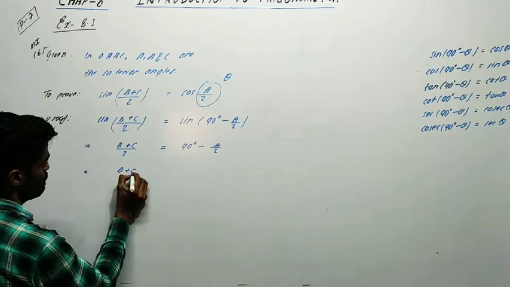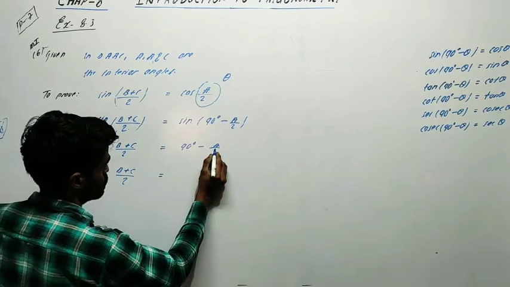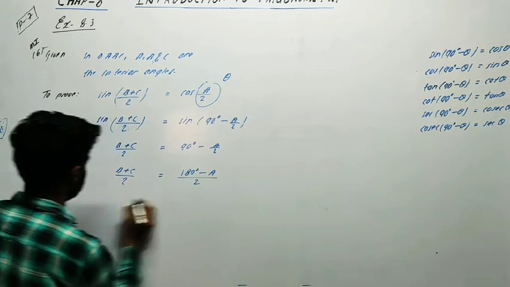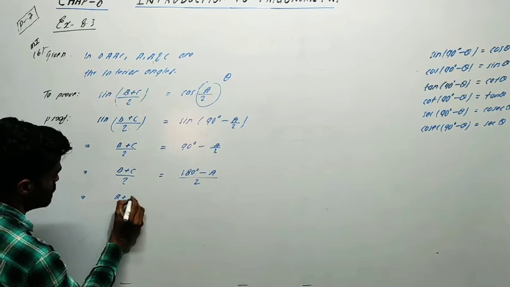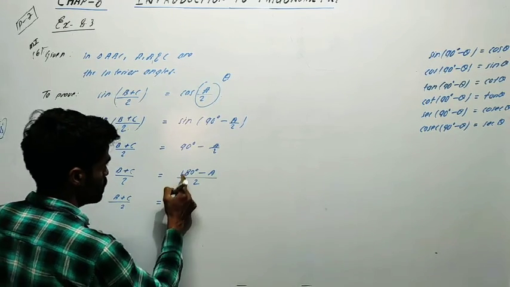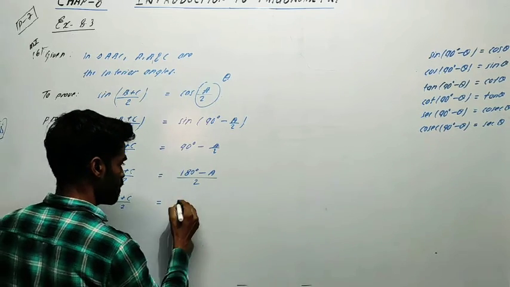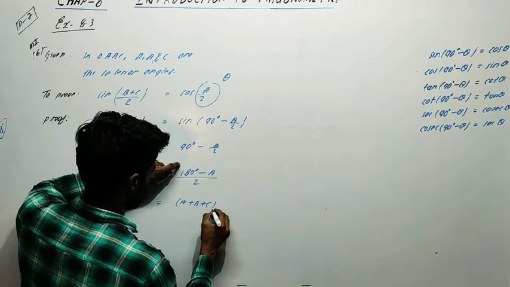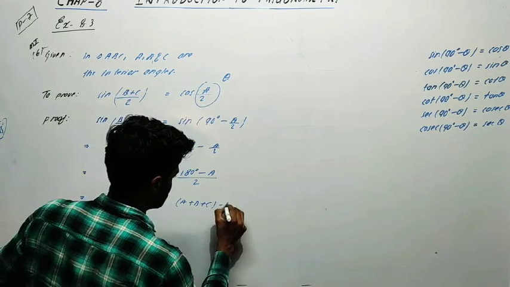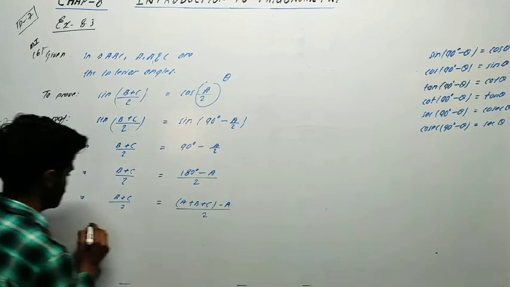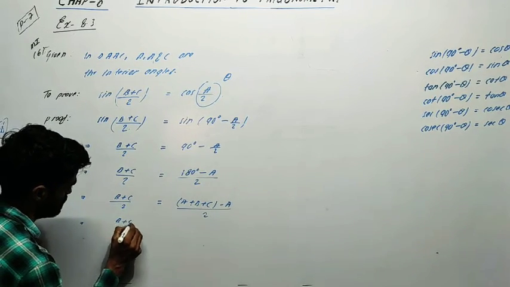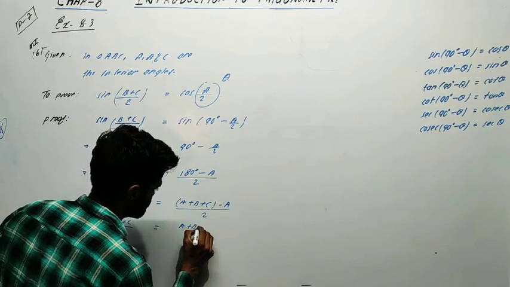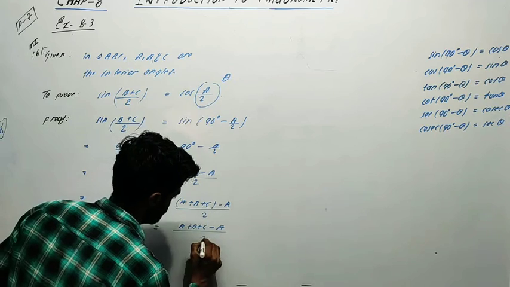So B plus C upon 2 is equal to (180 degrees minus A) whole divided by 2. 180 degrees is the sum of all interior angles of the triangle, angle A plus angle B plus angle C, so we can write instead of 180 degrees: (A plus B plus C minus A) whole divided by 2.